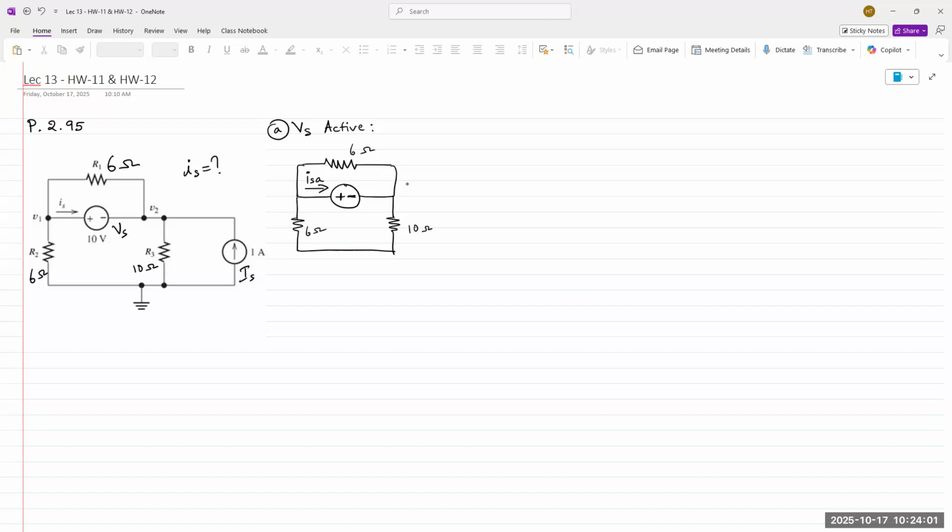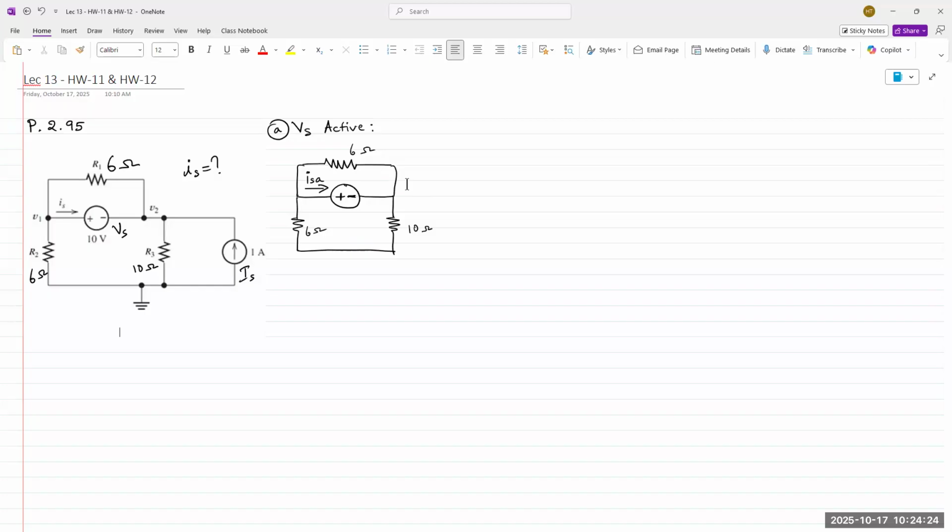Absolutely. Just because this reference point is shown here, the reference point doesn't mean anything in this case. A reference point is just for when you're trying to measure voltages at different places in the circuit. If you're trying to find the current through a resistor, it does not matter. So whether there's a reference point or not, the 6 and the 10 are in series.